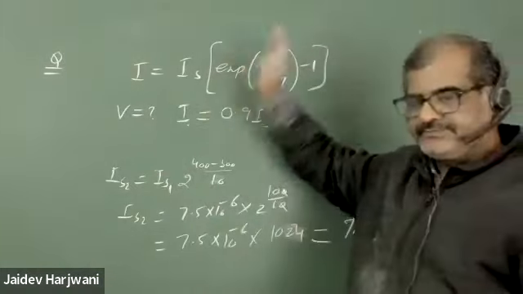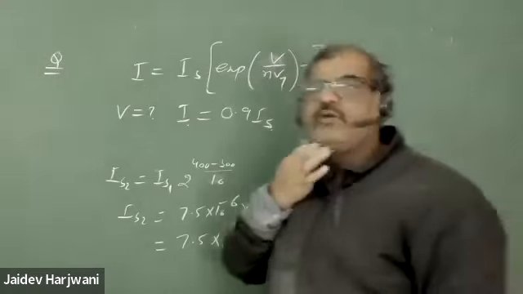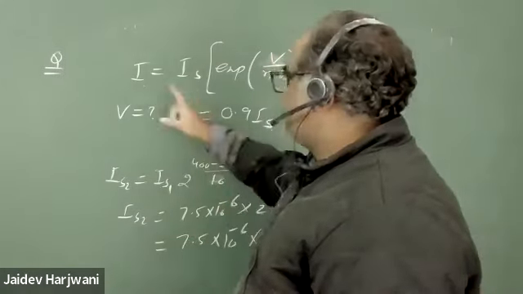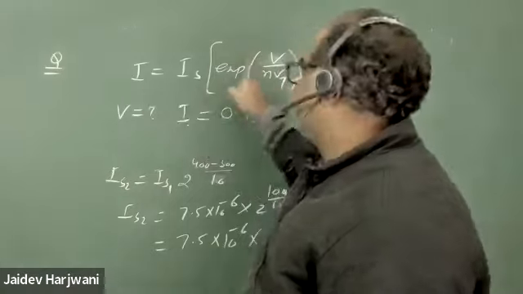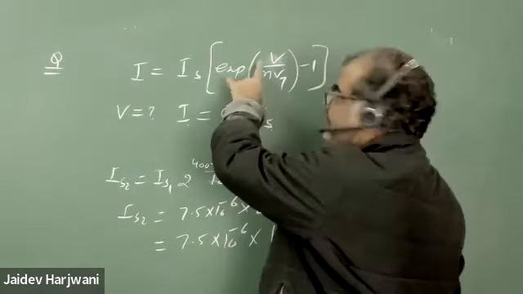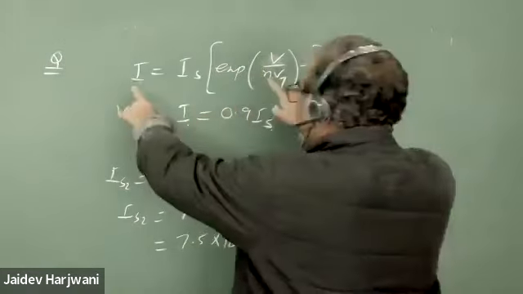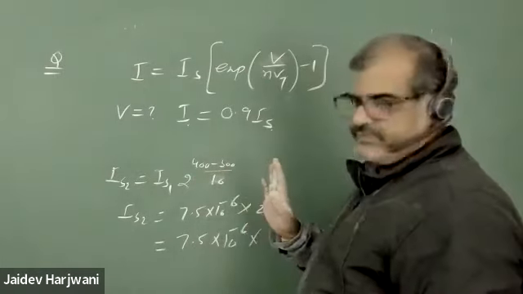Here I want to mention one very important thing. Whenever you have to calculate reverse voltage, suppose you have been given current and you are asked to calculate the voltage, then either you put minus here or minus here. If you put minus here, automatically minus will come here. Don't put the minus simultaneously, then the answer will become wrong.